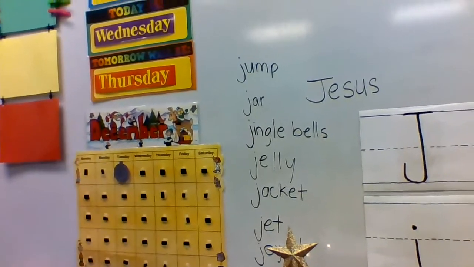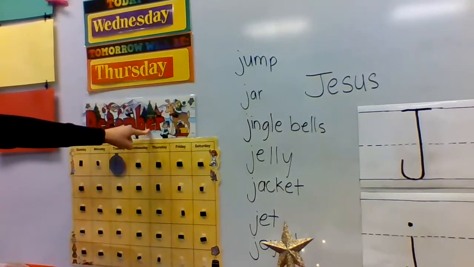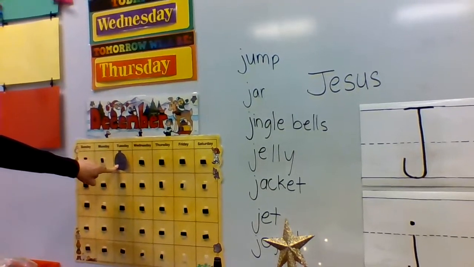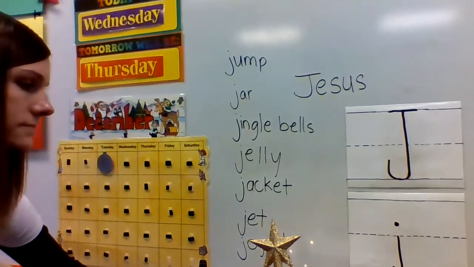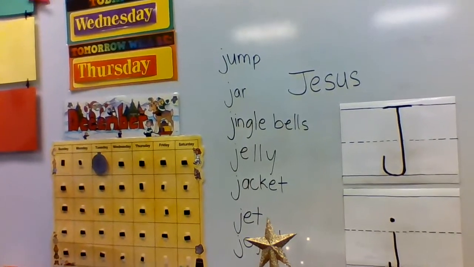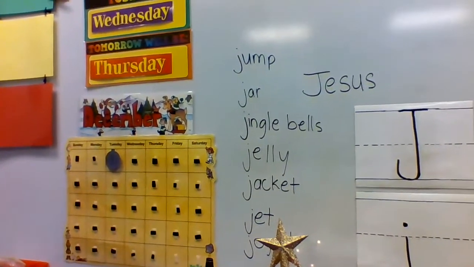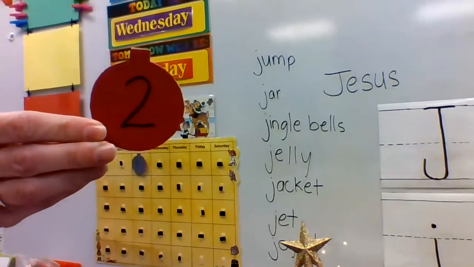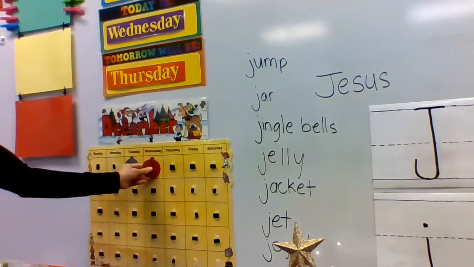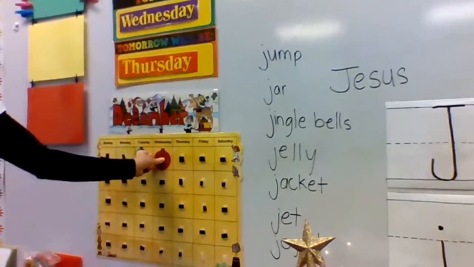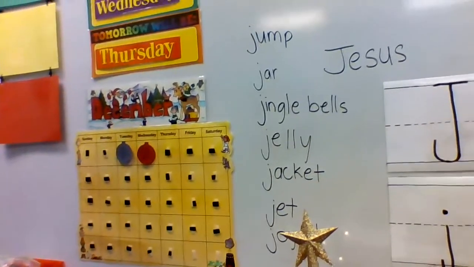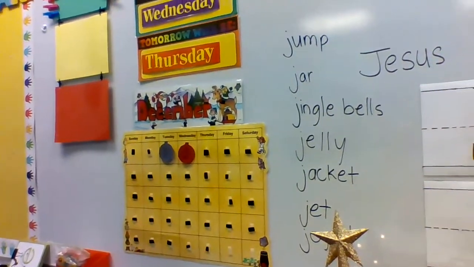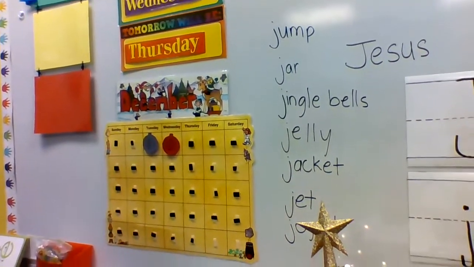And so we are in the month of December. So, yesterday was December 1st. What number comes after 1? 2. That's right. And our little numbers are in the shape of ornaments for the month of December because we're putting ornaments on our Christmas trees.